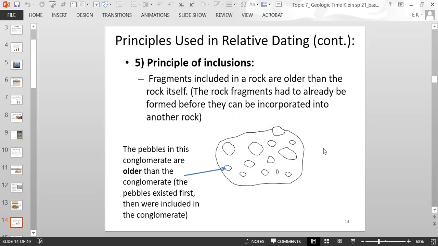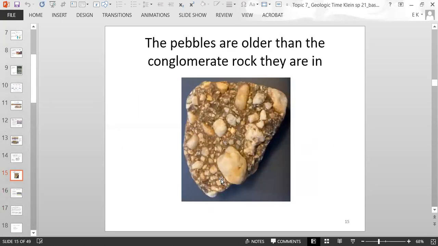So the same thing with conglomerate. The pebbles have to exist in order for them to go into making the conglomerate rock. So here is a picture of a conglomerate, right? So the pebbles are all older than the conglomerate rock itself.